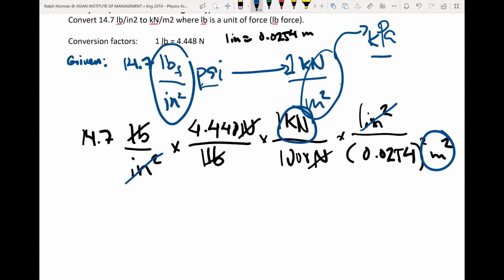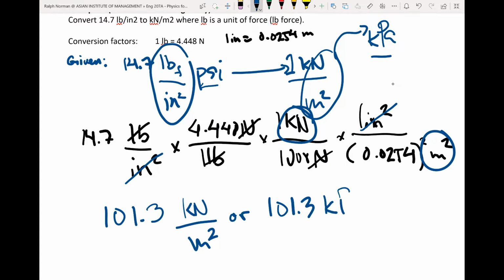Kilonewton and meter squared. So multiply that, you end up with what, guys? 101.348 kilonewton per meter squared. So we're slightly off with the standard, pero let's go with 1 decimal point. So 101.3 kilonewton per meter squared, or simply 101.3 kPa.